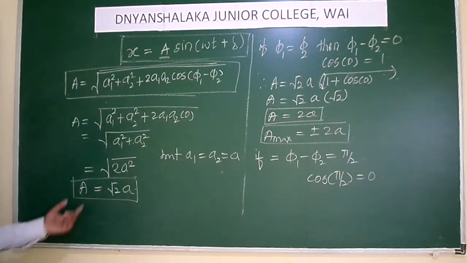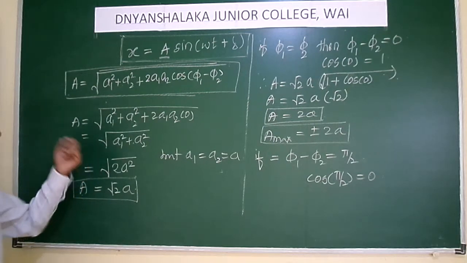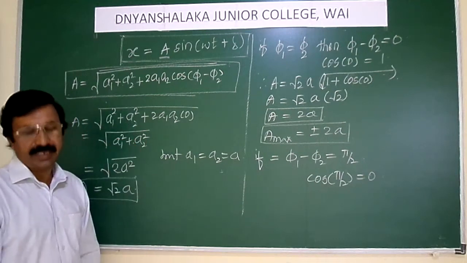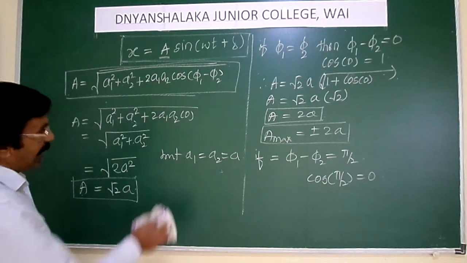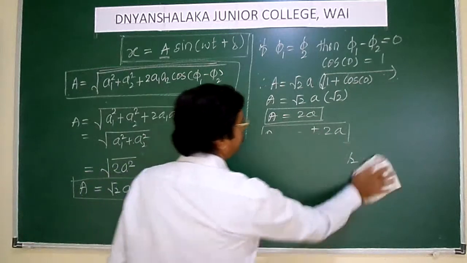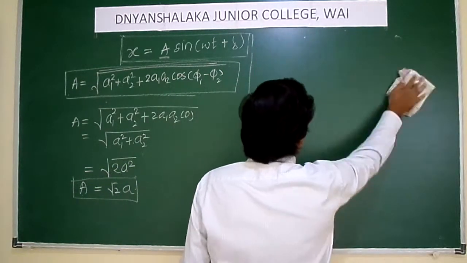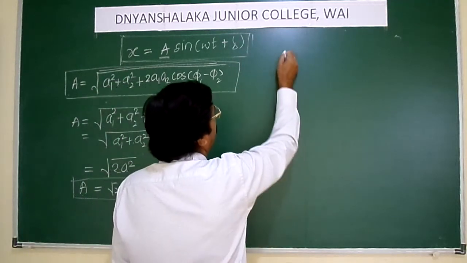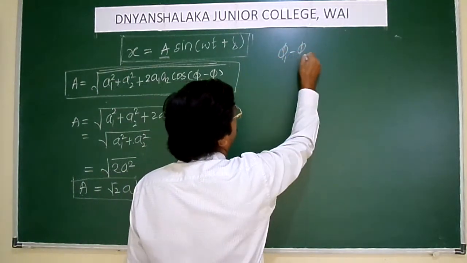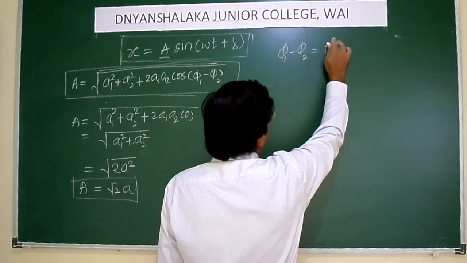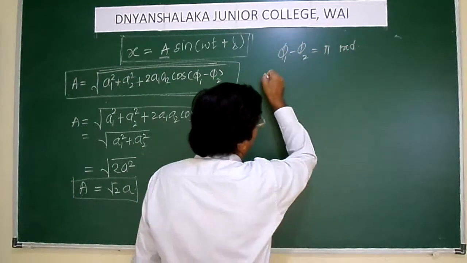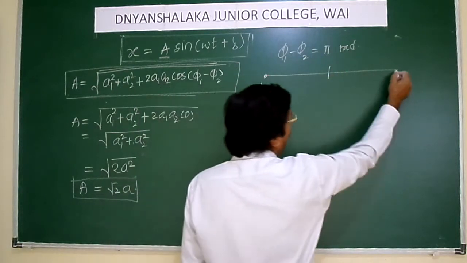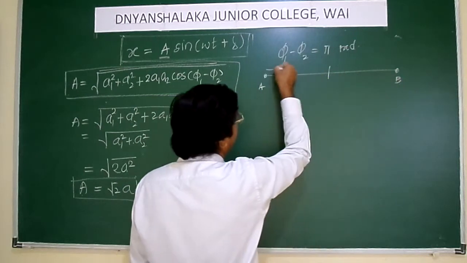If one of the SHM is starting from mean position whereas the other starts from extreme position, and the condition if phi 1 minus phi 2 is equal to pi rad, means one particle starts from one extremity, other particle starts from other extremity.